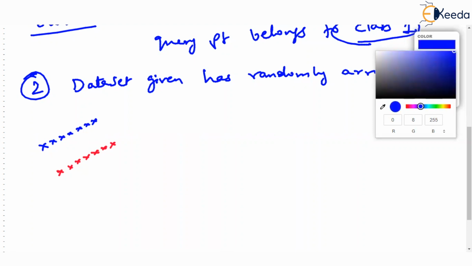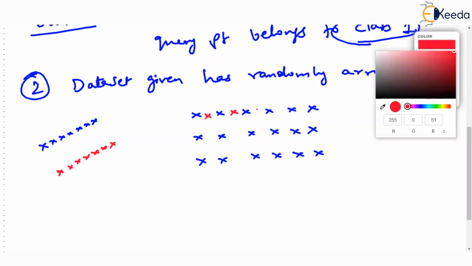Imagine that the data given is like this. All these blue points are class 0. And all these red points belong to class 1.